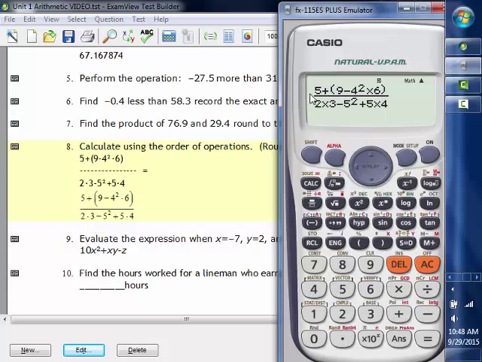Make sure your problem looks exactly on your calculator like it looks here, and you should get the right answer. This is a very popular one for people to get wrong.